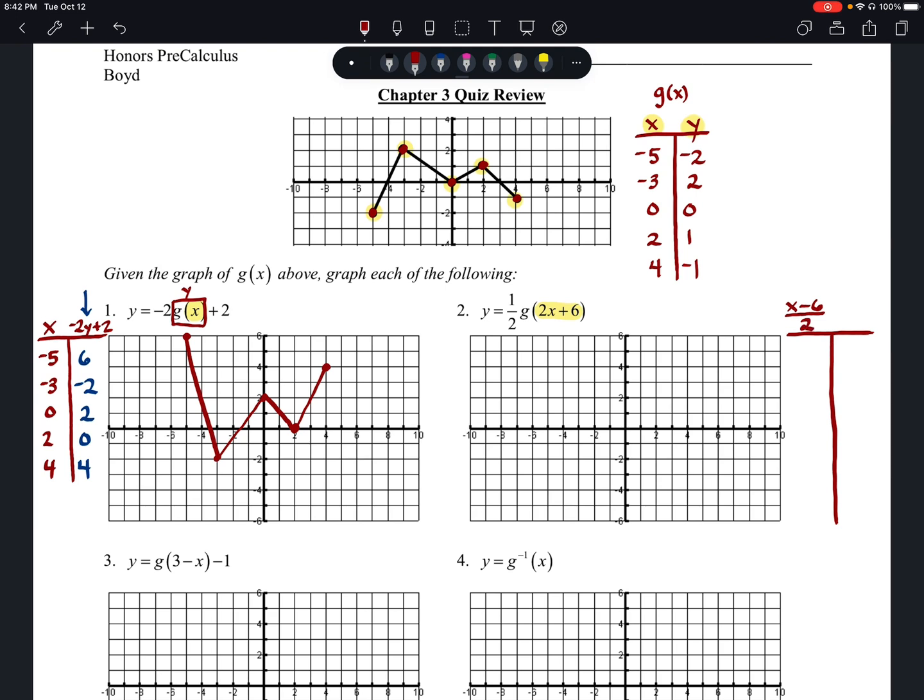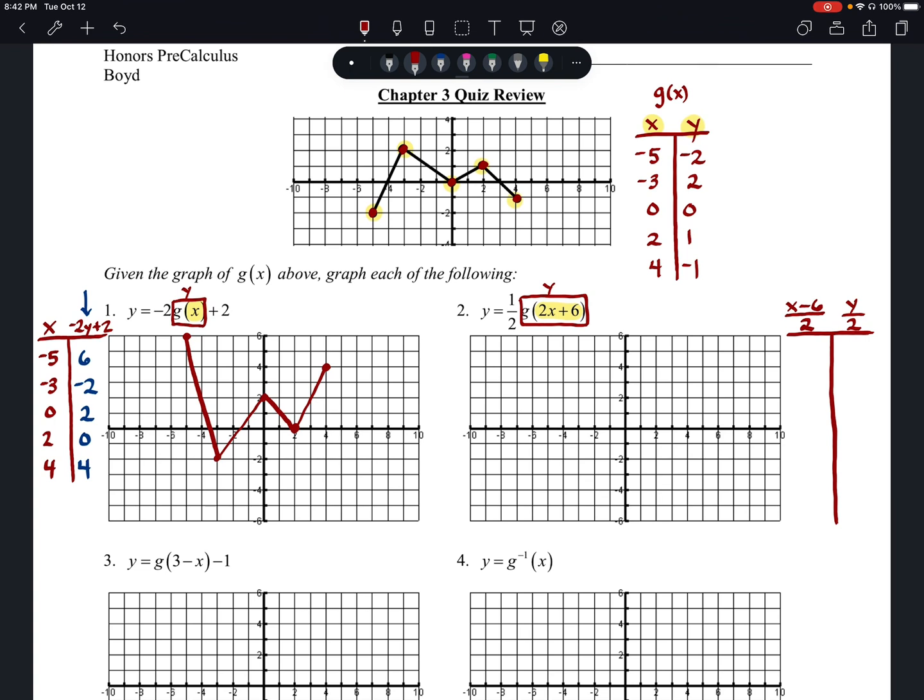Now if you do 1/2 x minus 3, that's the same thing. And then this is just like our y, so we're going to have 1/2 times y, or y over 2, for our y coordinates, or our y rules. So just go ahead, take your time, plug in your x values, and then simplify.